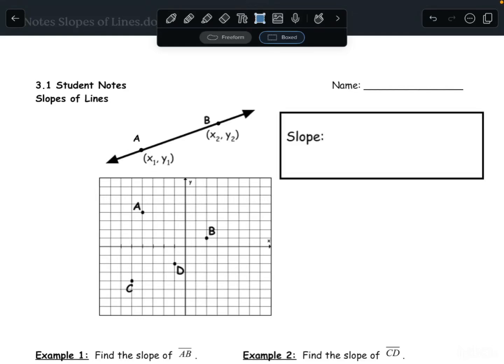So today we're going to go over the slopes of lines. If you remember from Algebra 1, one way we can find a slope is finding the rise over the run. What that means is I'm going to connect 2 points, let's say A to B, and then draw a triangle, following my grid lines.